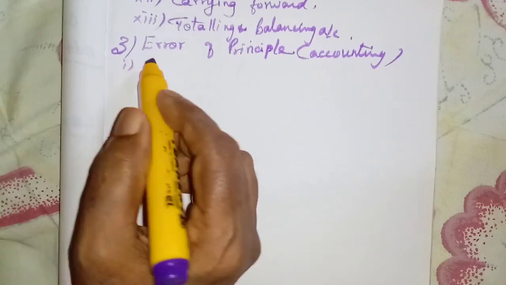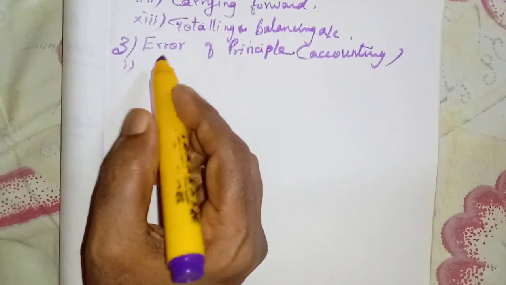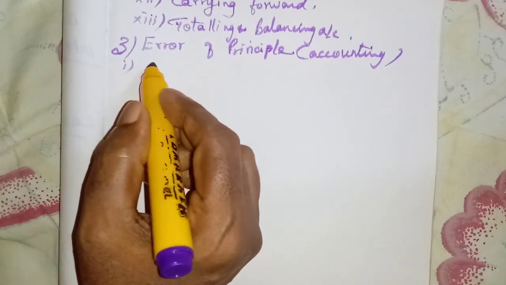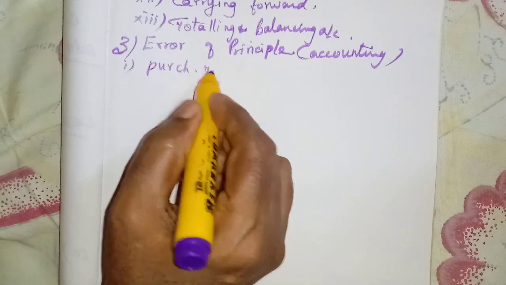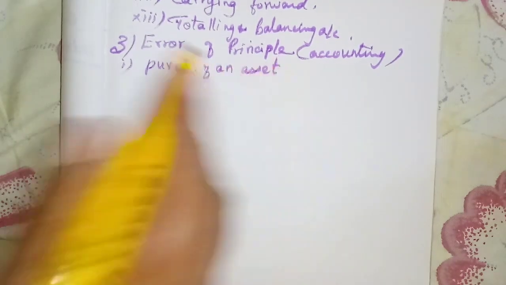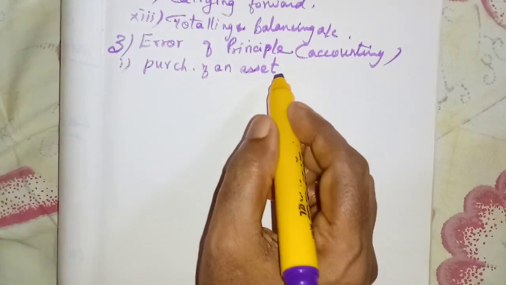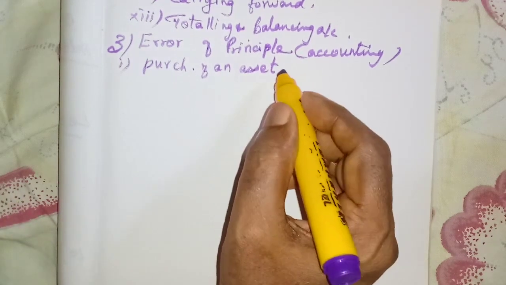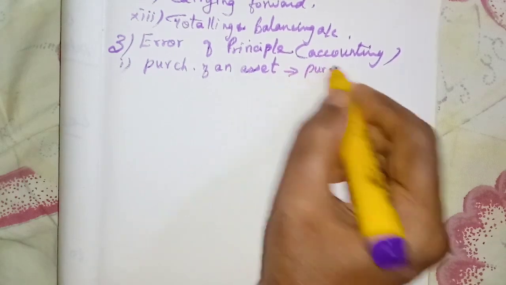Here we will see two or three or four examples only. For example, entering the purchase of an asset. There itself I have told you, in journalizing, the third chapter itself we have learned. Purchase of an asset may be entered in the purchaser's book.